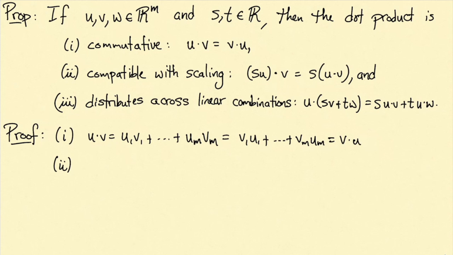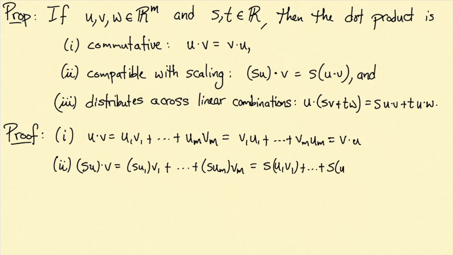If we write down the dot product of su with v, then we get the product of the components pairwise, su1 times v1 plus dot dot dot plus sum vm, and then we associate so that the u's and the v's are together, and we're left with s times u dot v.